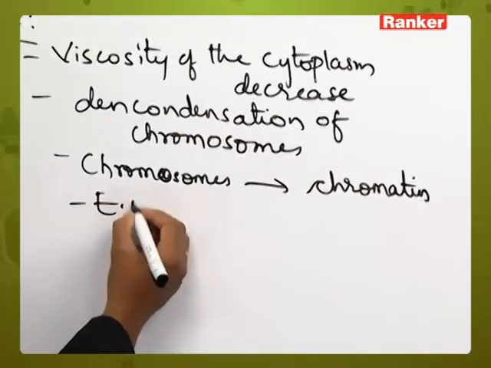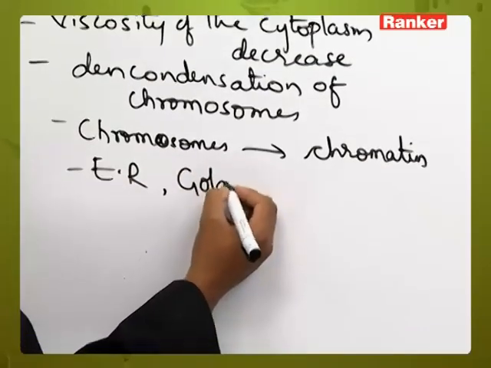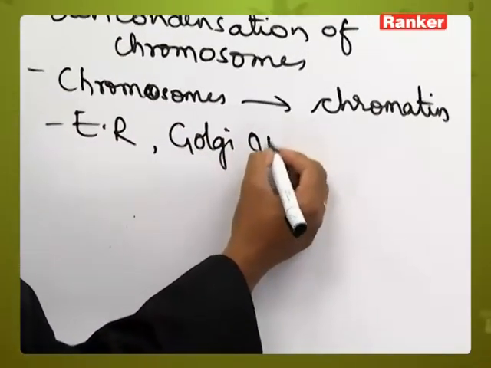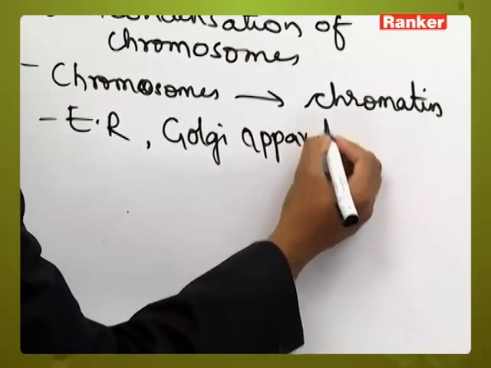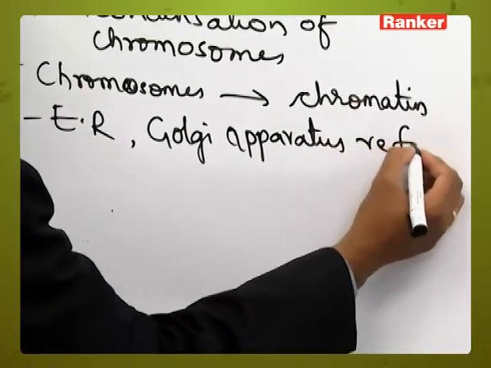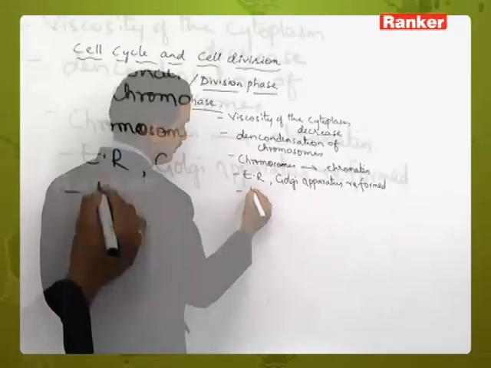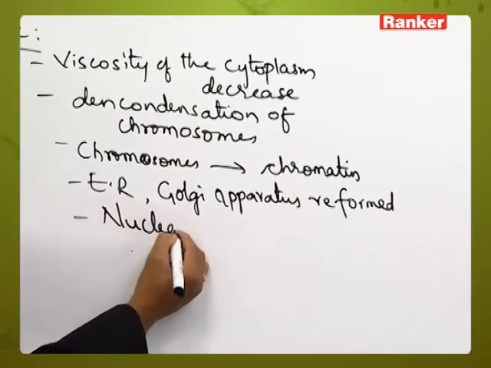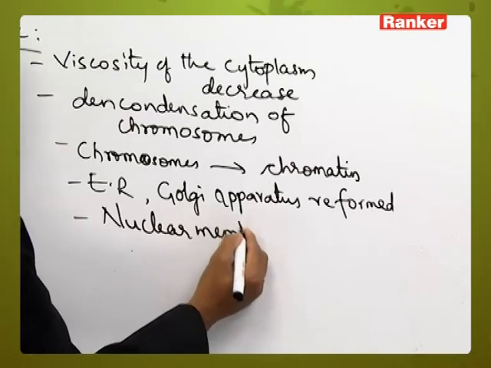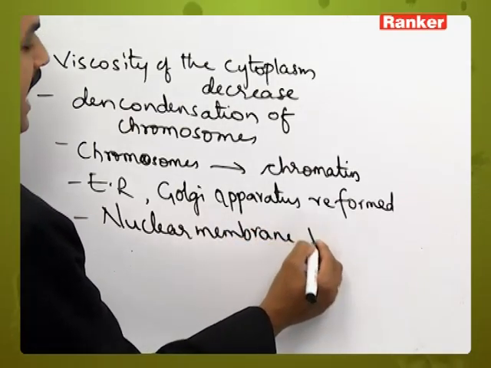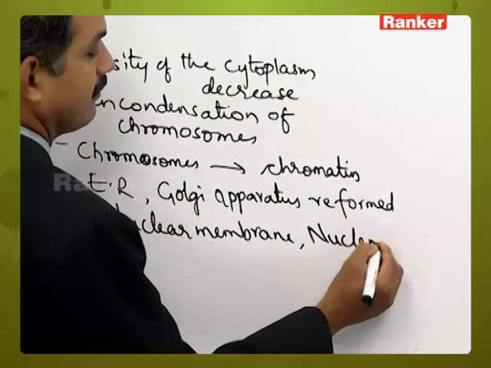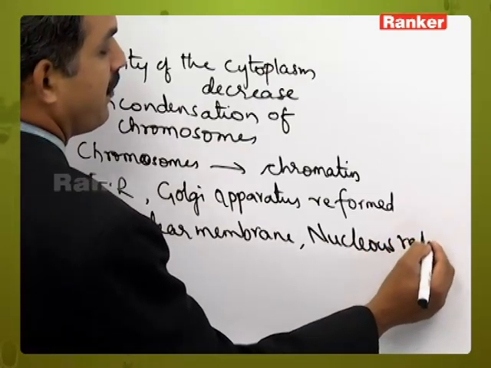The endoplasmic reticulum and Golgi apparatus have both been reformed. Then the nuclear membrane and the nucleolus are reformed.